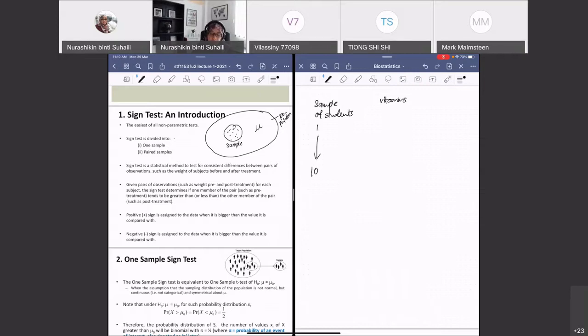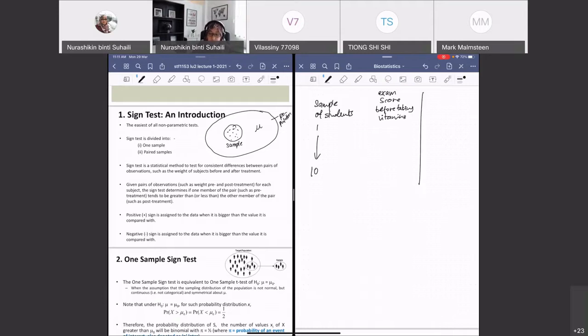We assess the performance in terms of exam marks. So let's say this is the exam score before taking vitamins.